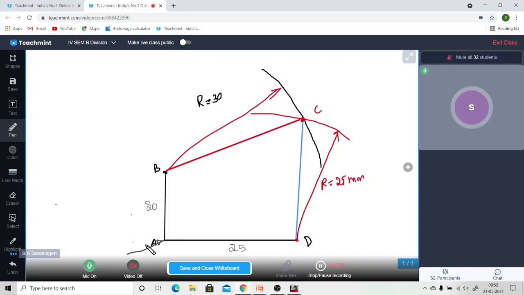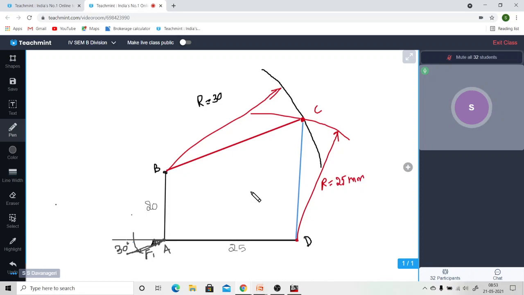Take a compass, and with reference to the horizontal line, mark one point on the downside equal to 30 degrees. Then from that point join a line here, that is point A. Now this gives the direction of force F1. Now you got the F1 force direction.